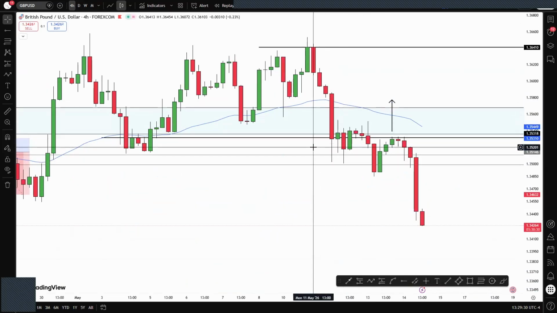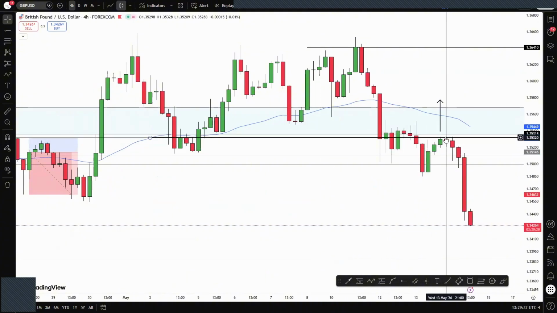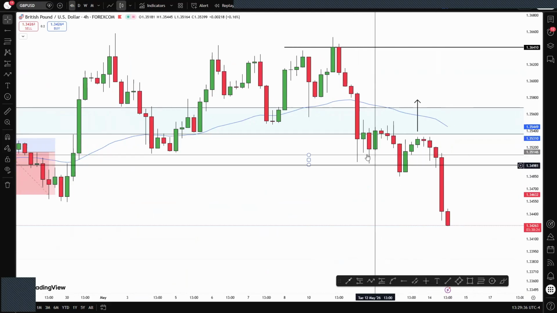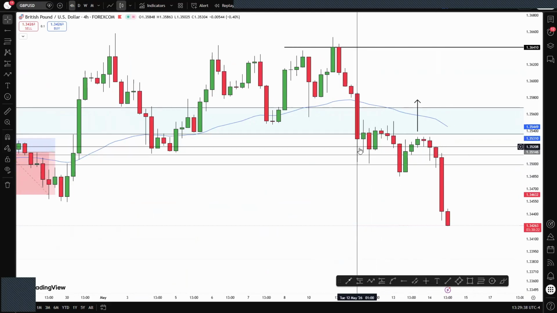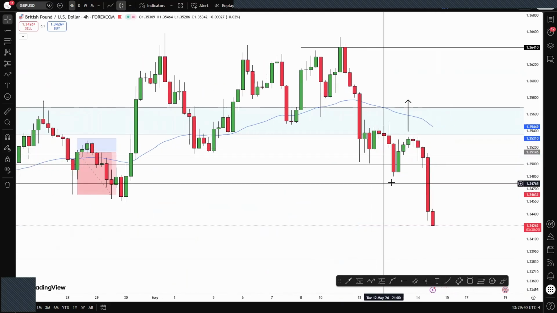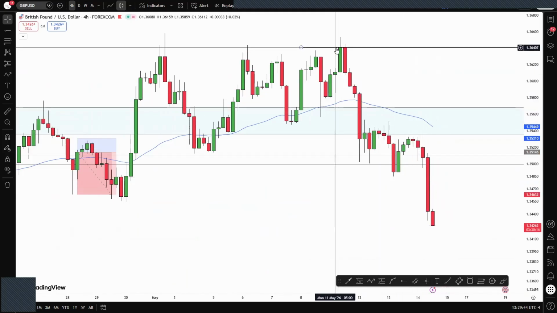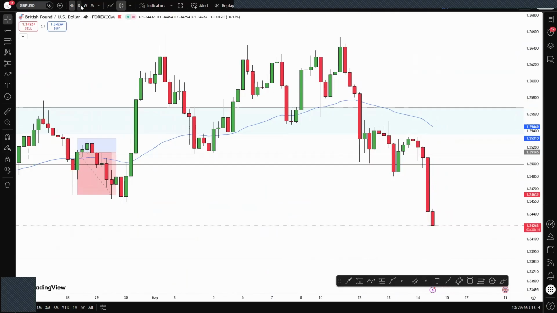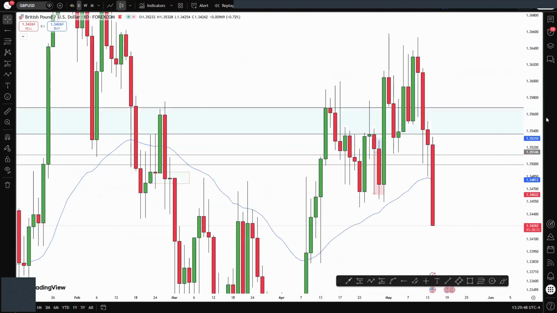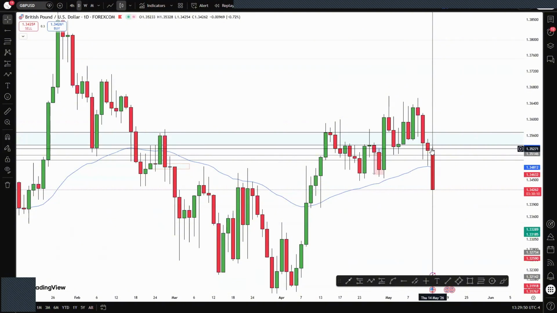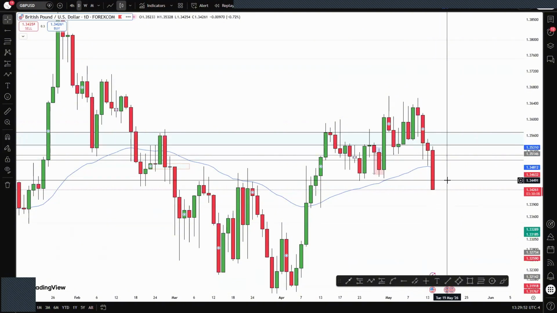It shifted there, even retested, and price has started dropping massively. And from there, you can see this structure has been changed. And if we use the daily time frame, we are very much bearish.